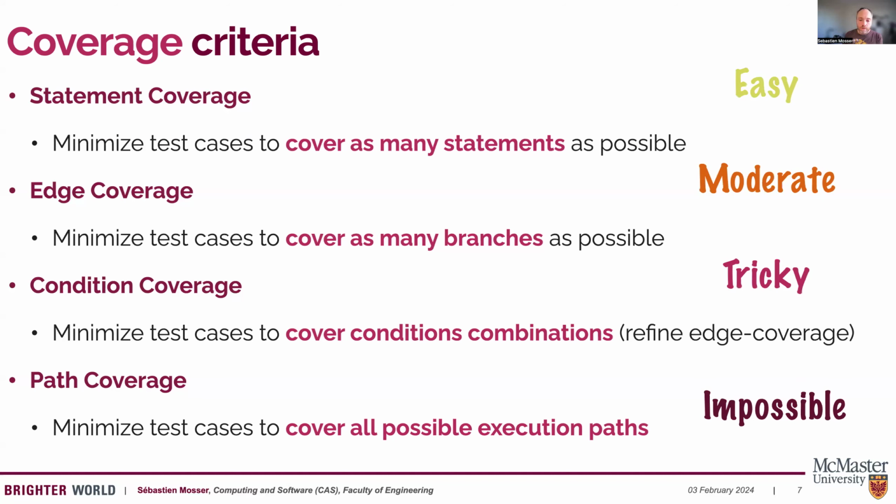For this course, what we want you to do is to write tests. You're discovering how it works. 3SO3 is a testing course, where you will work on a much broader, comprehensive approach to testing. 2AA4 is an introduction to software development. Just write some tests, find the right cases you want, and focus on getting your statements, maybe the edges, covered, just getting to where you have sufficient confidence that everything's fine.